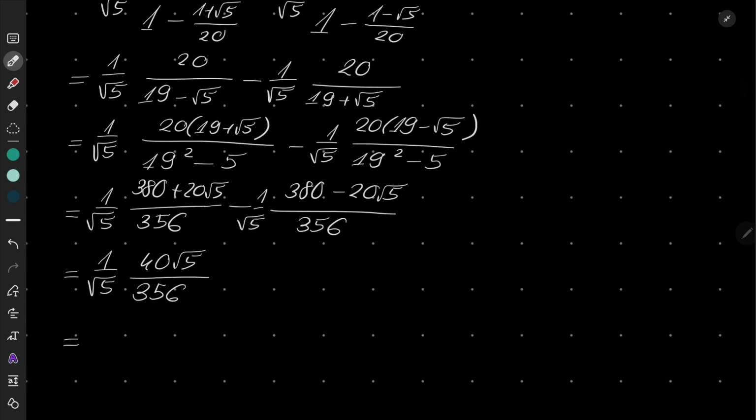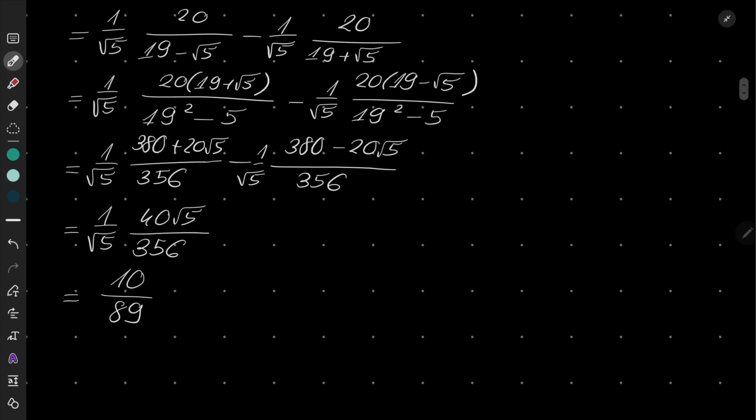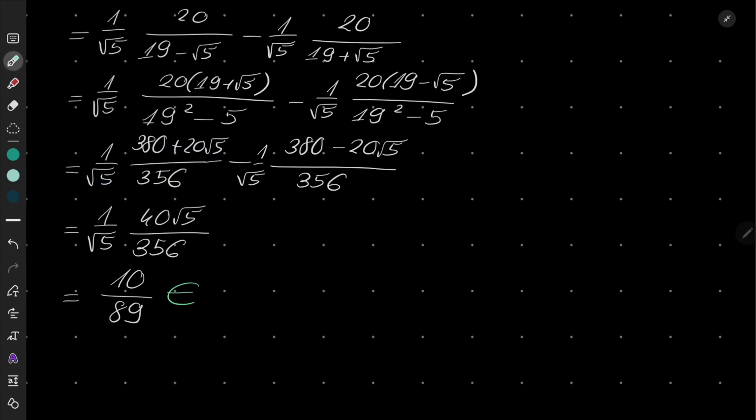And after simplification, after division by 4, it's 10 over 89. 10 over 89. And that is definitely a rational number. This number is most definitely rational.